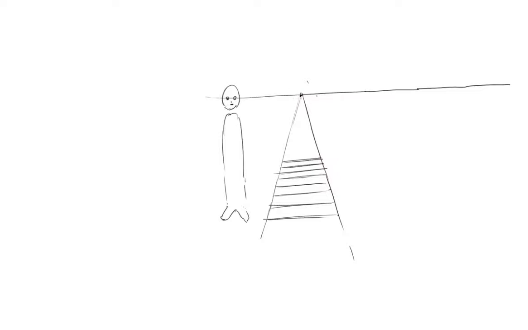Now, these lines represent parallel lines, but based on the way our eyes work, based on the fact that we have two eyes and the shape of the lens, the lines appear to converge in space. They appear to get smaller and closer together as they go away from you.